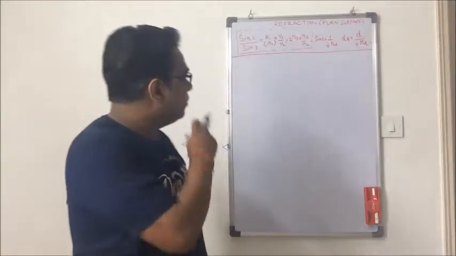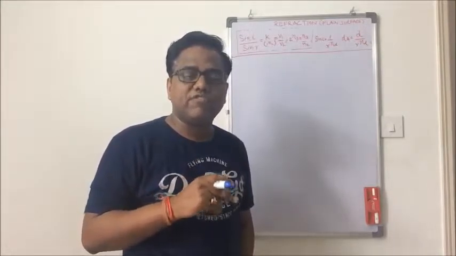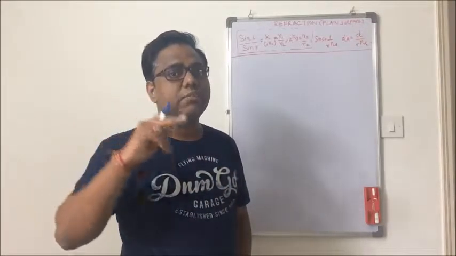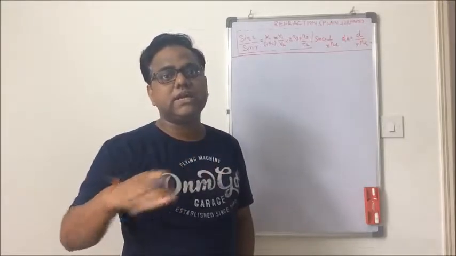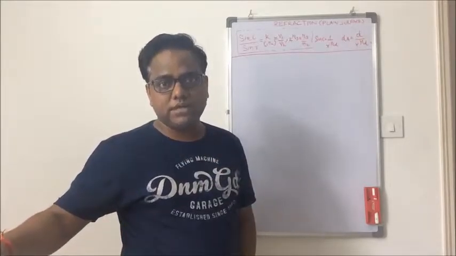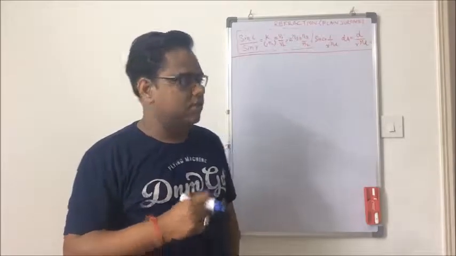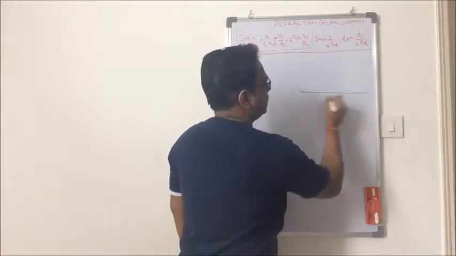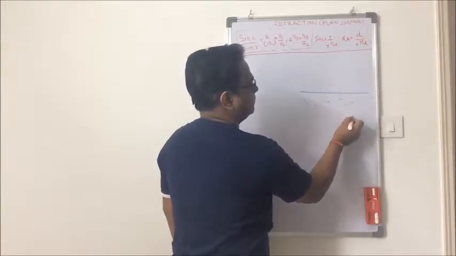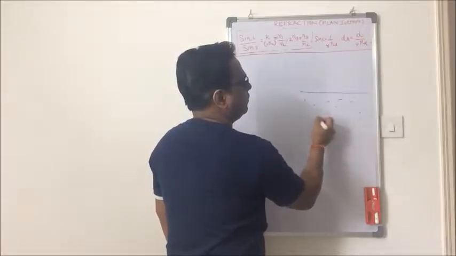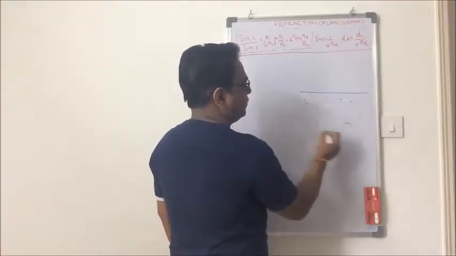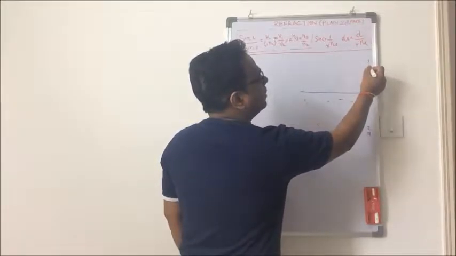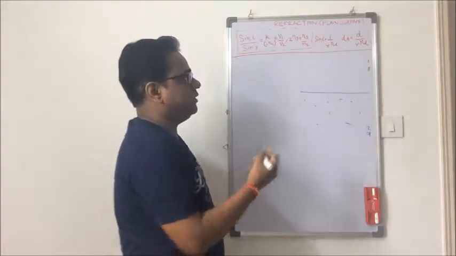So, on refraction in general, light travels straight, but when it hits any medium, it takes a different path, which may be at a certain angle. Let's say this is a denser medium and this is a lighter medium. You can call it 2 or D, denser, and you can call it 1 or R, lighter medium, rarer medium.